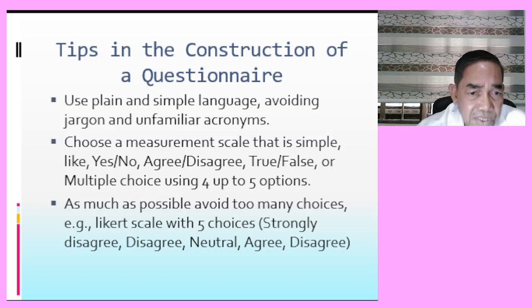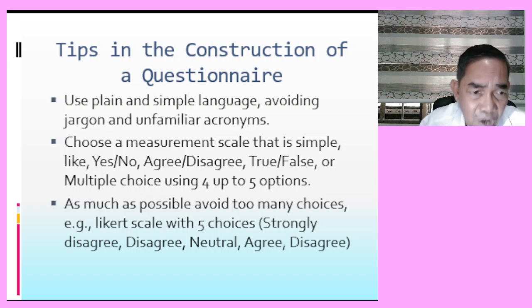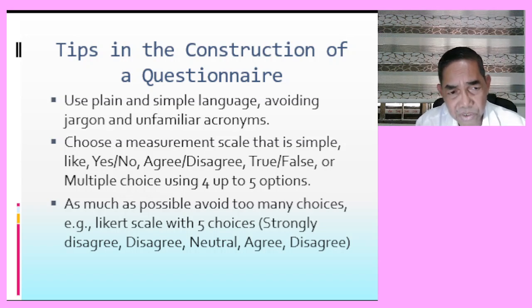Choose a measurement scale that is simple, like yes or no, agree, disagree, true, false, and multiple choice using 4 up to 5 choices or options. So you will note again that this is my recommendation, that better that you just talk of agree and disagree rather than the 5-point Likert scale.